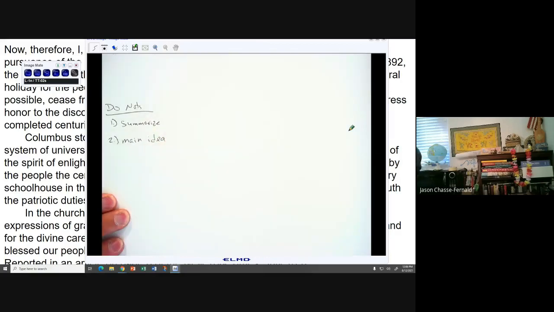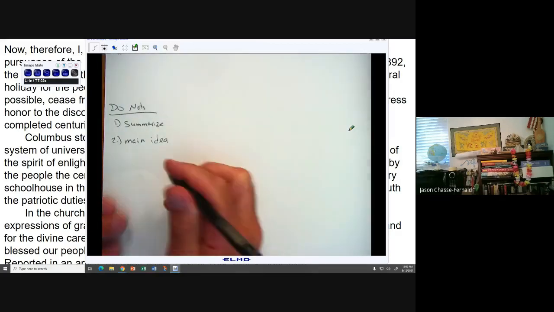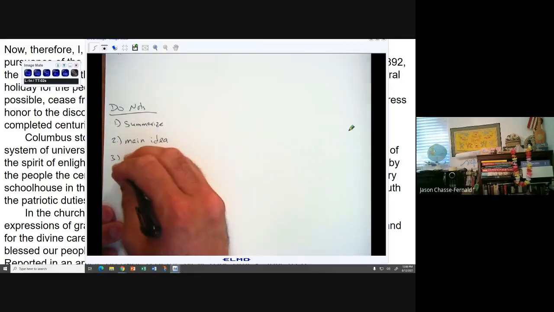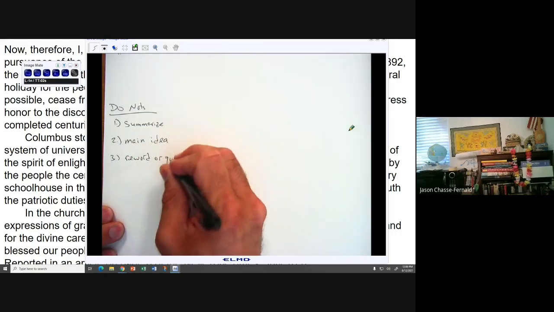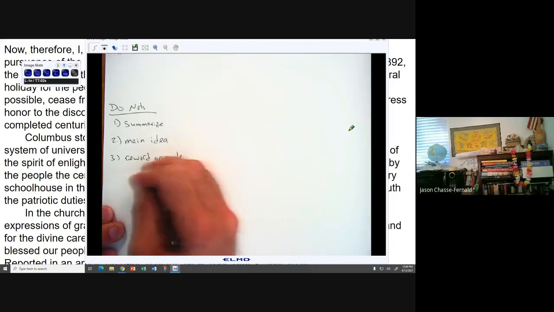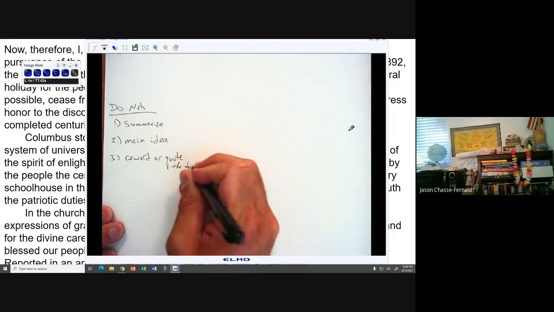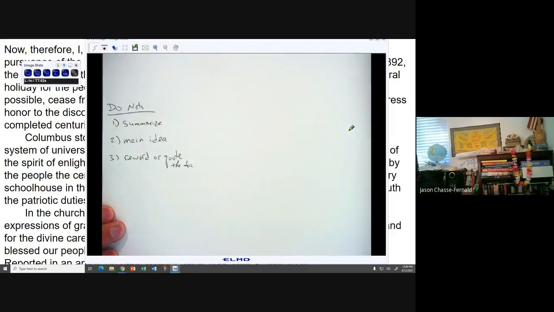Don't tell me what the main idea of the document is. Do not reword or quote the document. That's not what you're being asked to do.